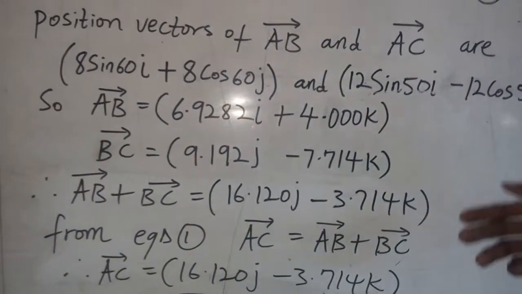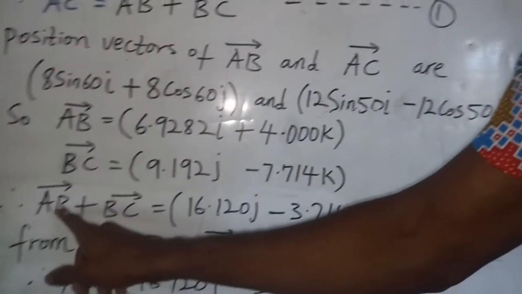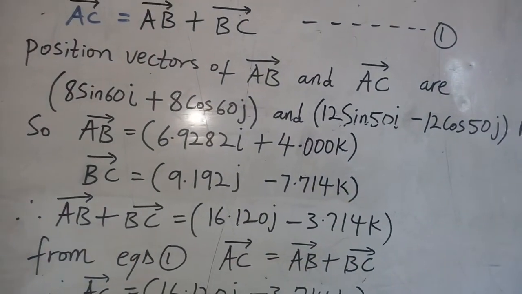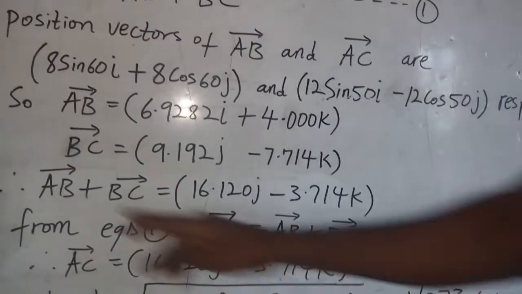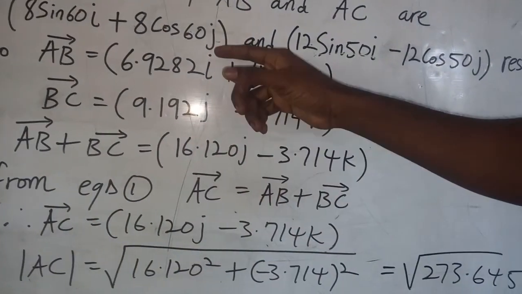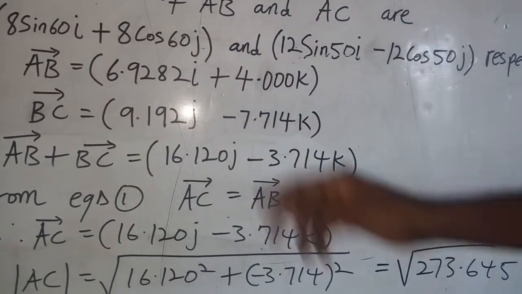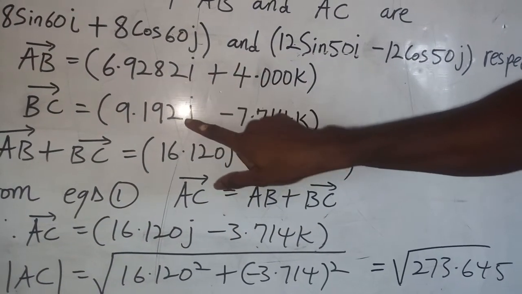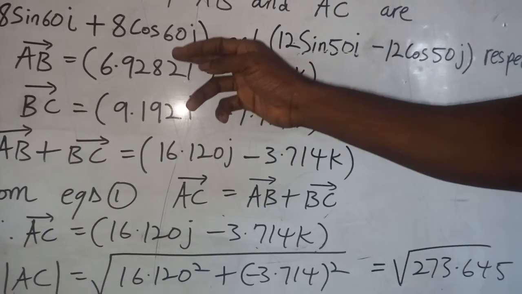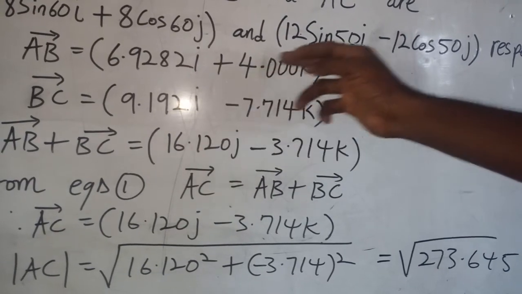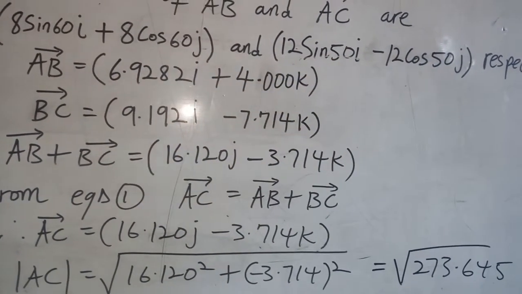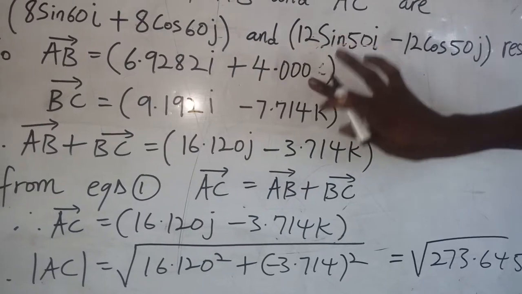So now we are going to calculate AB plus BC. According to vector calculation, AB plus BC means you sum the i and i components and sum the j and j components. There is a mistake here, please.